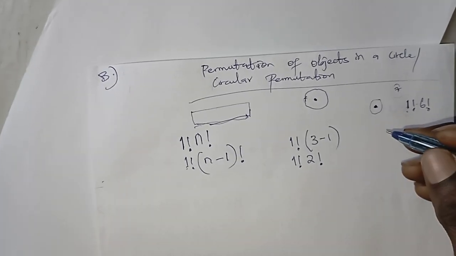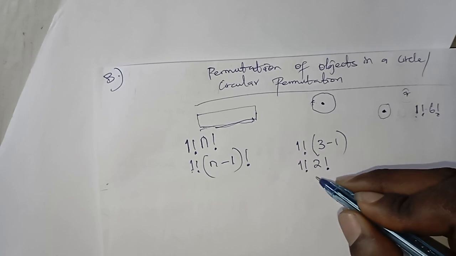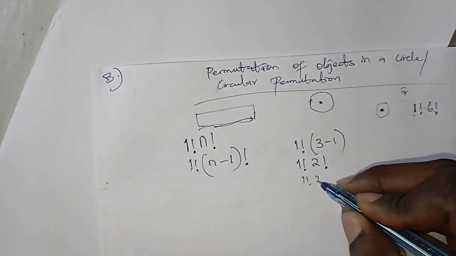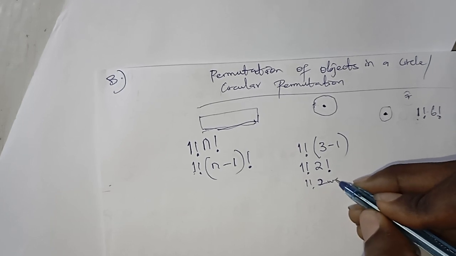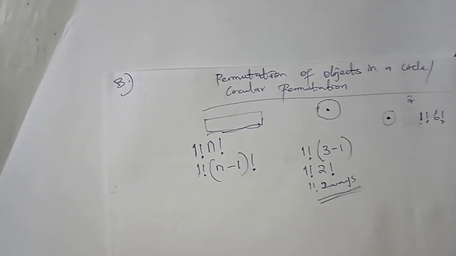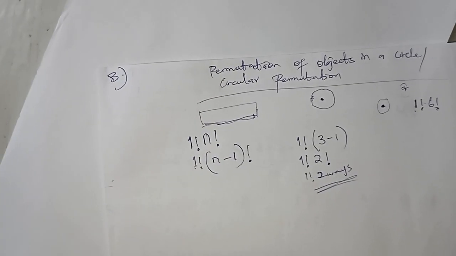Very simple. So which is going to give me 1 factorial, 2 times 1 is 2. So it's going to give me just 2 ways. Very simple. 2 ways.